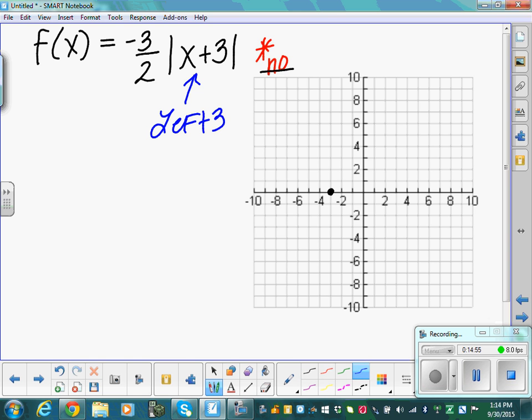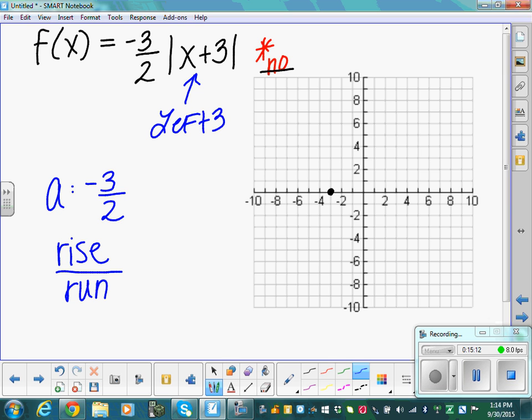Our next step is to plot A. Remember, our A value is -3/2, and we know that these are slopes with absolute values, so rise over run. With this one, you'll always put the negative with the number on top. So we're going to have a rise of -3 over a run of 2.